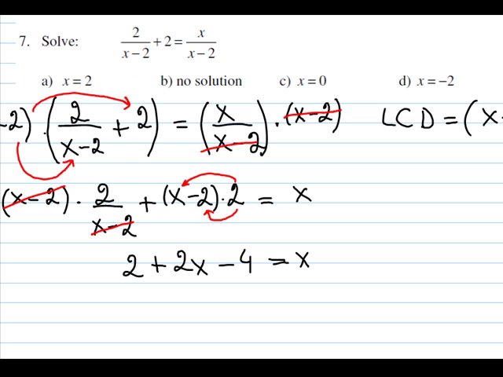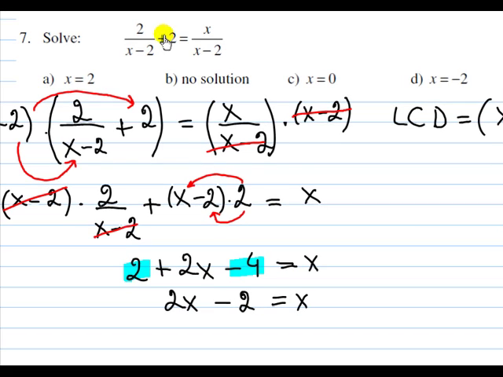Now we can combine those like terms. 2 minus 4 is negative 2, so we actually have 2x minus 2 equals x. Then we can add 2 on both sides.